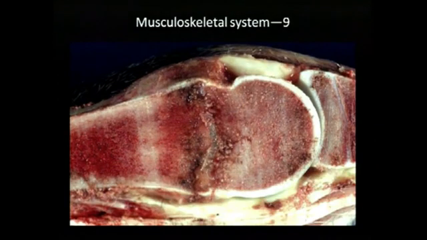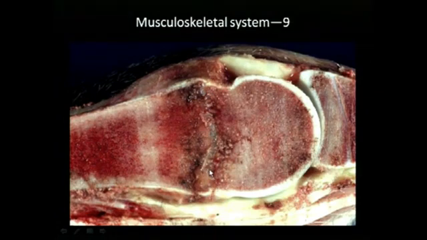Slide 9, still in the musculoskeletal system, is another foal. This time we're looking at a longitudinal section through the fetlock, and what we see is an area of lysis and suppurative inflammation that is centered around the physis, or the growth plate.